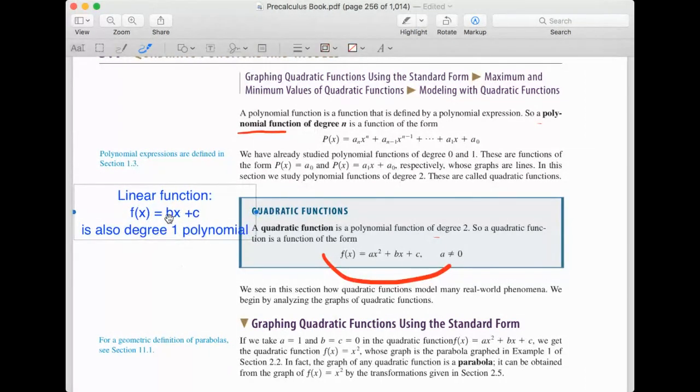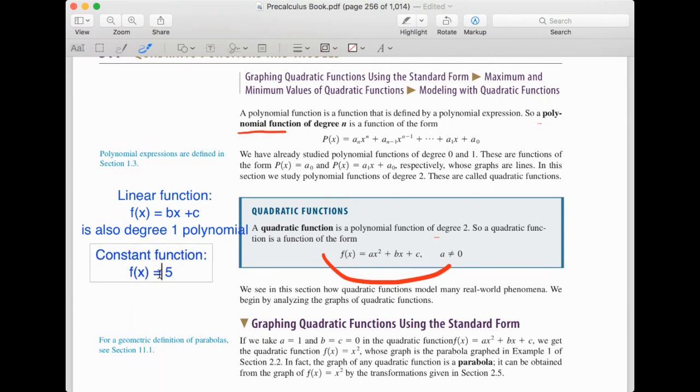Right? So linear function and quadratic function are special polynomial functions. Another function we know is called a constant function. Let me give you an example. f of x equals 5, right?